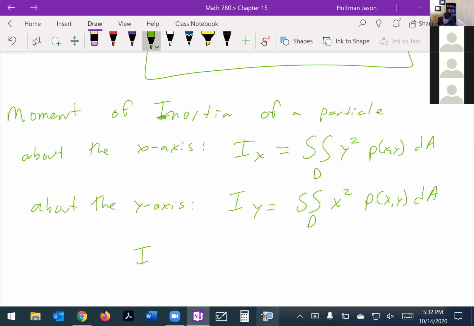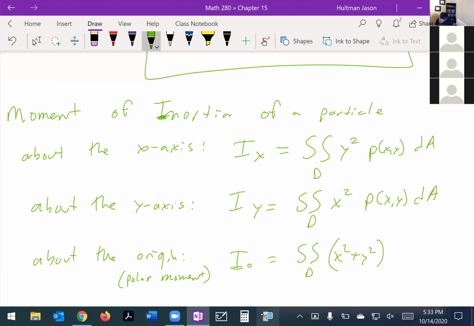I sub O is also called the polar moment, the moment of inertia about the origin. I sub O is equal to, this is also called the polar moment of inertia, this guy, x squared plus y squared times rho of xy dA.